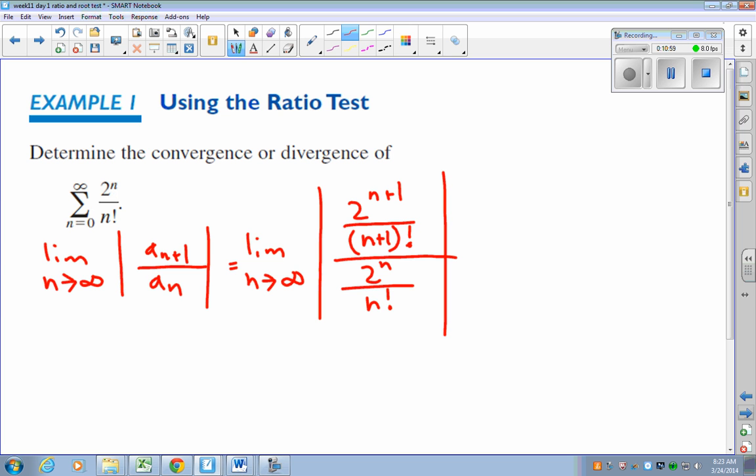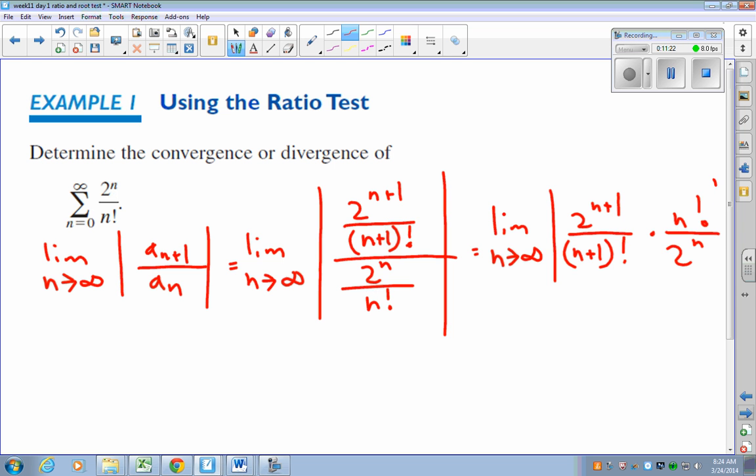over n factorial. At first glance, you're like, whoa, that's a lot of algebra going on here on a big-time fraction. Okay. What's nice, though, is things will simplify pretty quickly. First thing, fraction over fraction, I am going to flip and multiply. Flipping. And then we are going to simplify this.